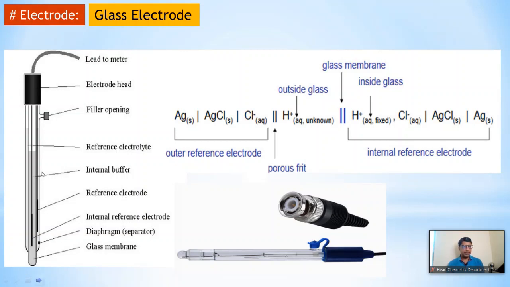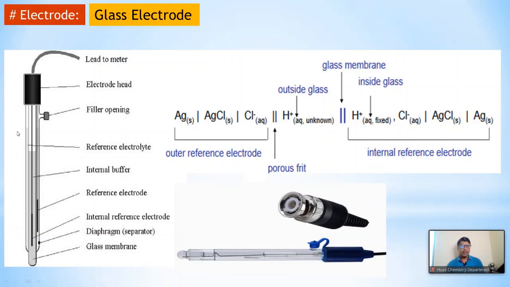In the inner glass area, this internal reference electrode is filled with the internal buffer. Then this has one outlet or inlet, called the filling opening, from which we can fill the required solution in this combined glass electrode. This is the electrode head and this is the lead to the meter.